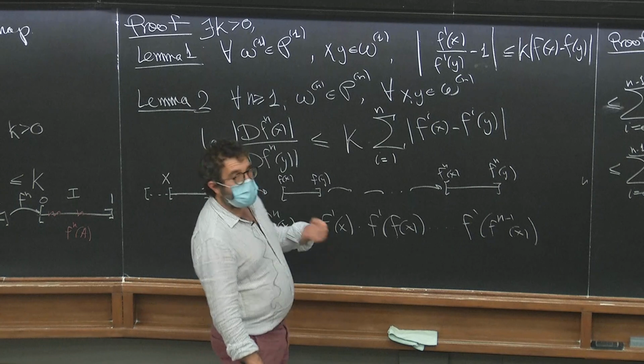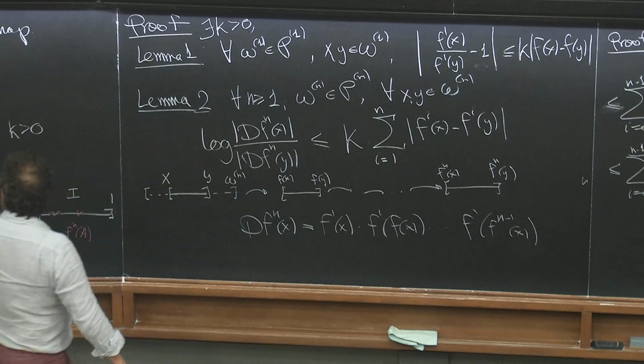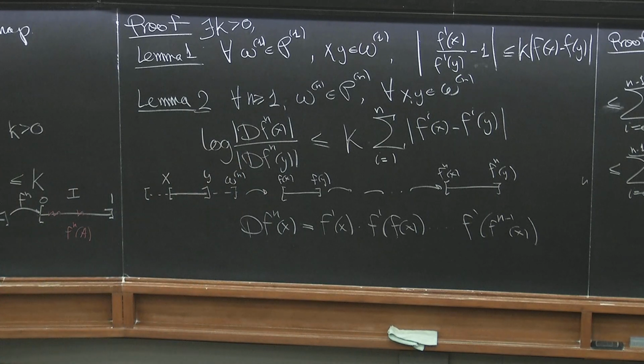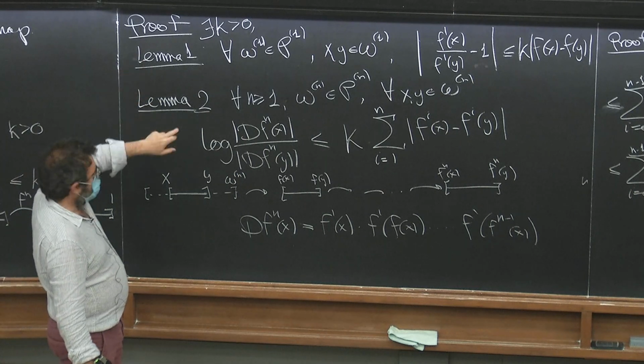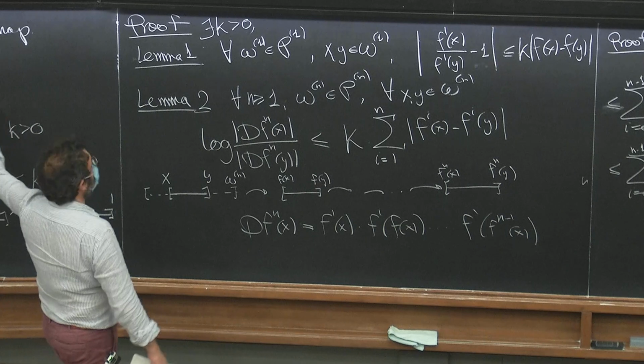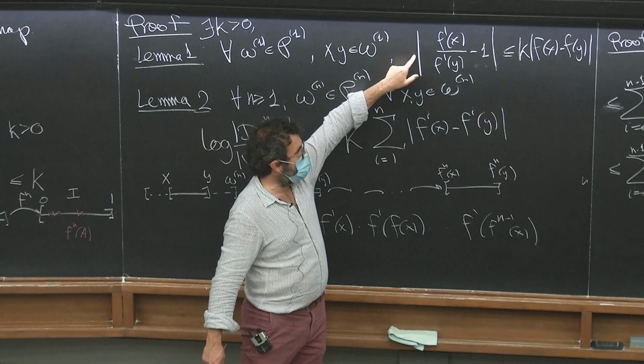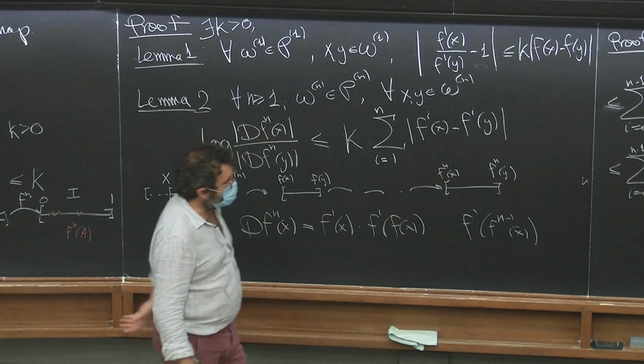We have not used the uniform expansivity yet in the theorem. We've just used this condition here to get lemma 1. In lemma 2, we haven't even used this condition. We've just used the conclusions of lemma 1 to get this.